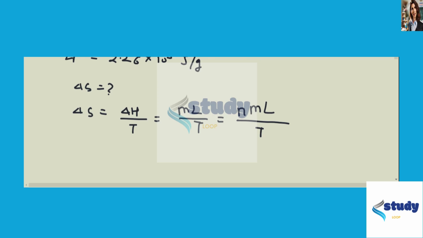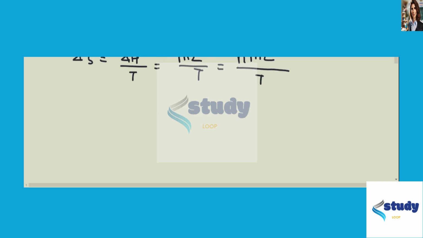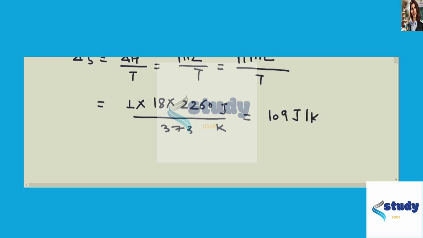Now we will substitute the values of N, M, L and T. Number of moles is 1, molecular weight of water is 18, latent heat of water is given as 2260, and temperature is 373 Kelvin, in joule per Kelvin. When we solve this, we get 109 joule per Kelvin.